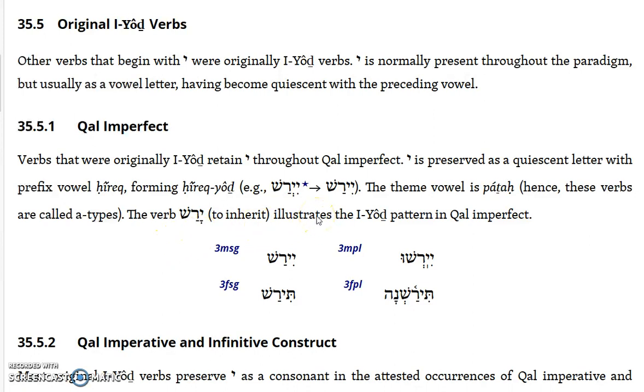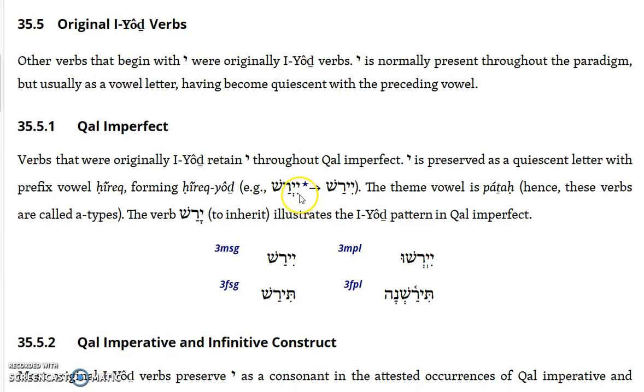Again, in the perfect, it doesn't show up, but within the imperfect, you would originally have had a theoretical imperfect form of yirash, from the root yarash, to take possession of, to dispossess. But that's the form you would expect.